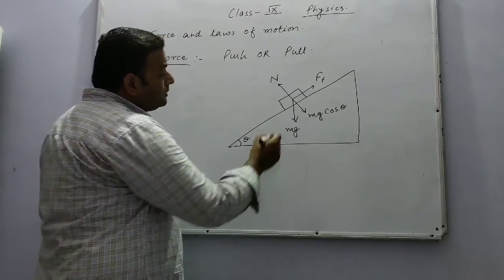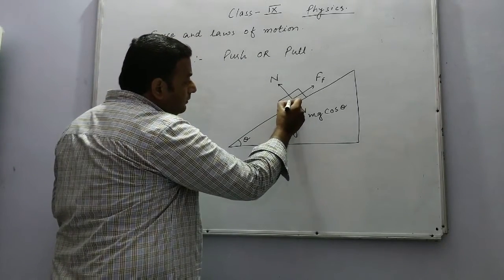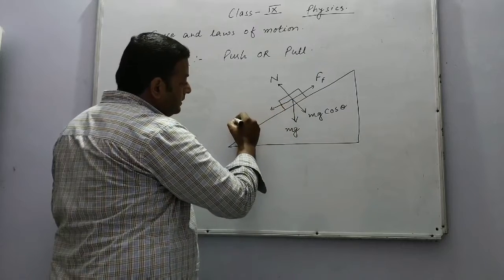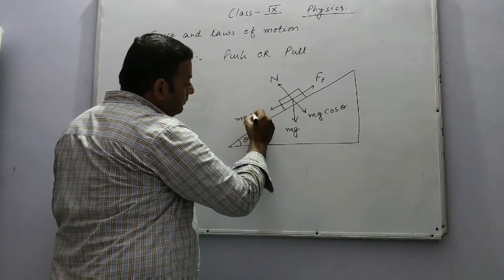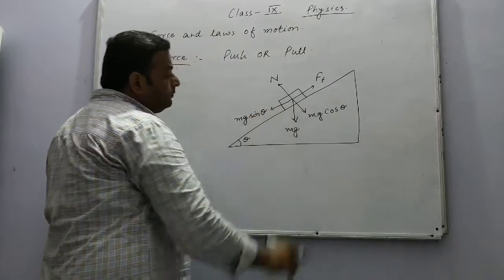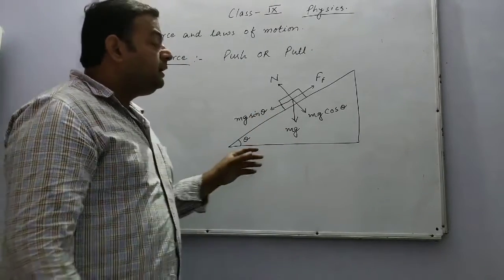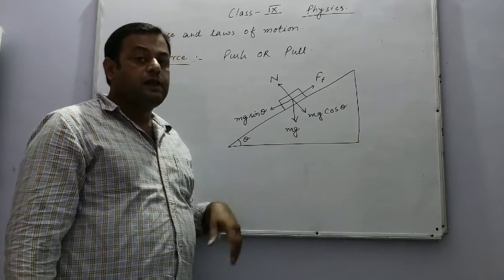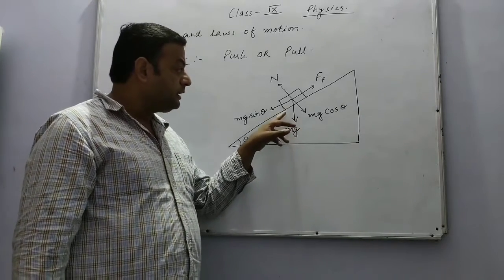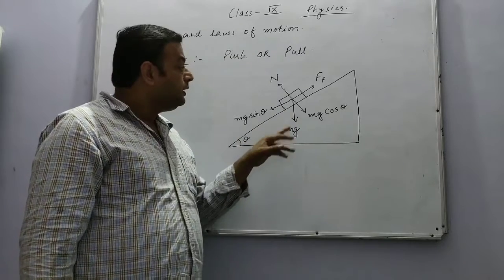And the fifth force will act in this direction. This is called mg sin theta. So we can simply say that on an inclined plane, there are five forces acting. The first is mg, acting perpendicularly downward.